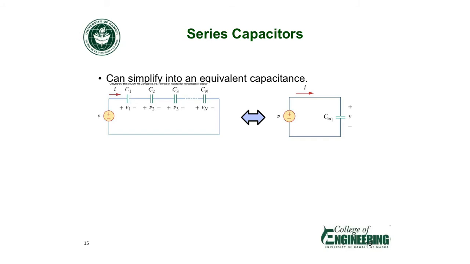So to see what the equation is, let's do KVL around that loop. So what's my KVL equation? Start at this point and go around the loop.